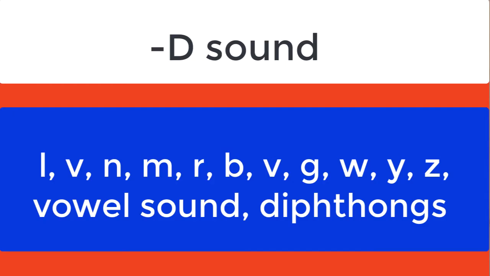Let's see the different sounds. D. The verbs that end in L, V, N, M, R, B, G, W, Y, and Z, and vowel sounds, diphthongs, use the D sound.